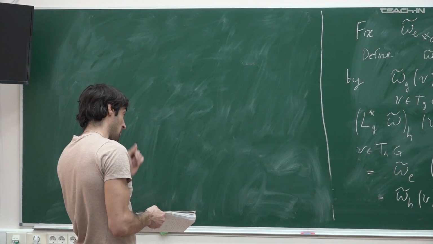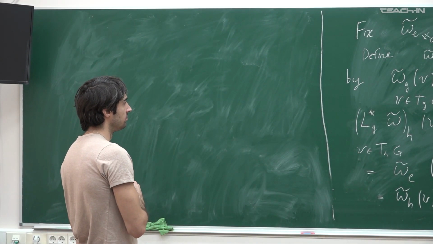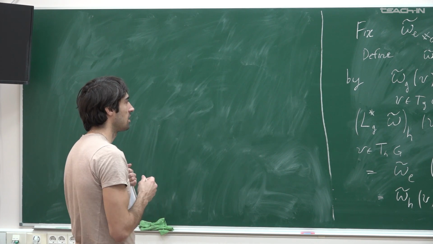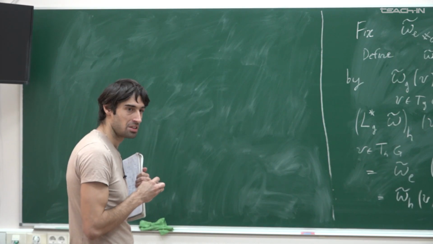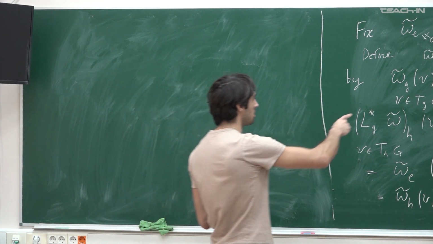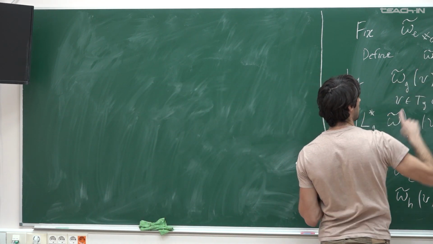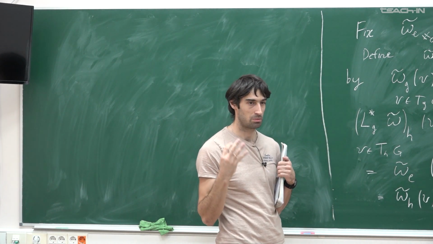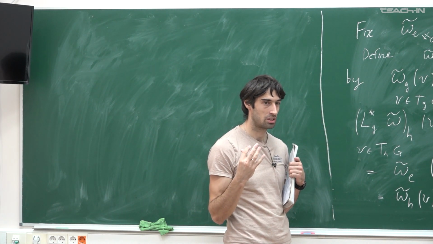Okay. Yes, so I think here I lied to you a little bit because this is a form of degree n and doesn't eat just one vector, right? It is n vectors, actually.